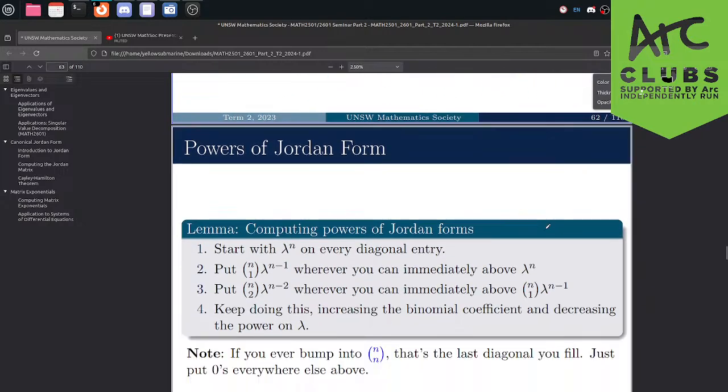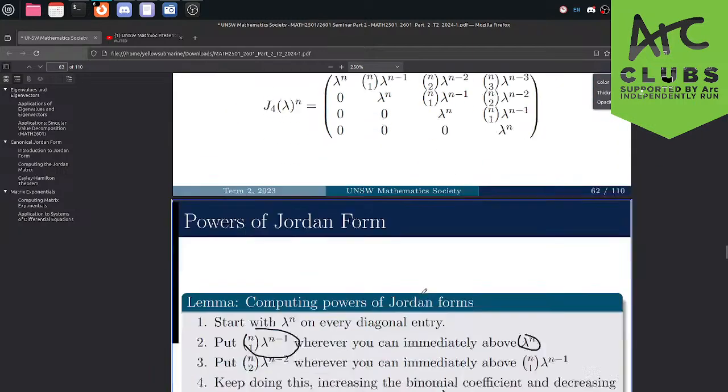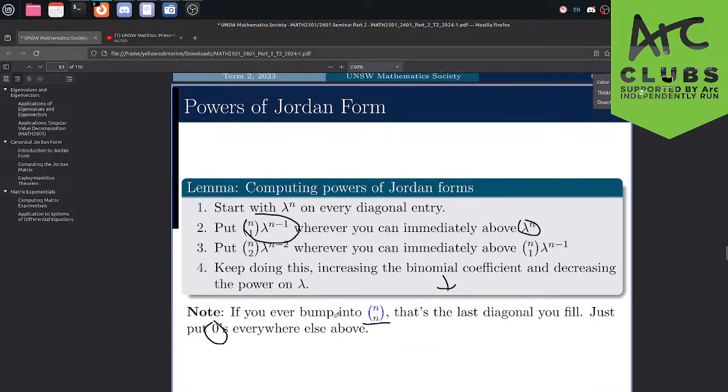So you put down lambda to the n, then you put down the next binomial, decrease the power, and keep going. It's worth noting that if you ever reach n choose n, the rest of your entries are going to just be 0. You just put 0 everywhere else.